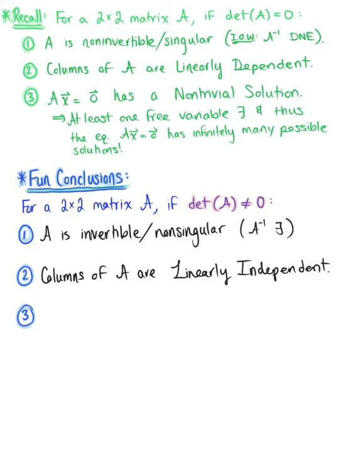And again, using the conclusions above, since the columns of matrix A are linearly independent, this lets us know that the corresponding homogeneous equation, matrix A times vector x equals the 0 vector, has only the trivial solution.